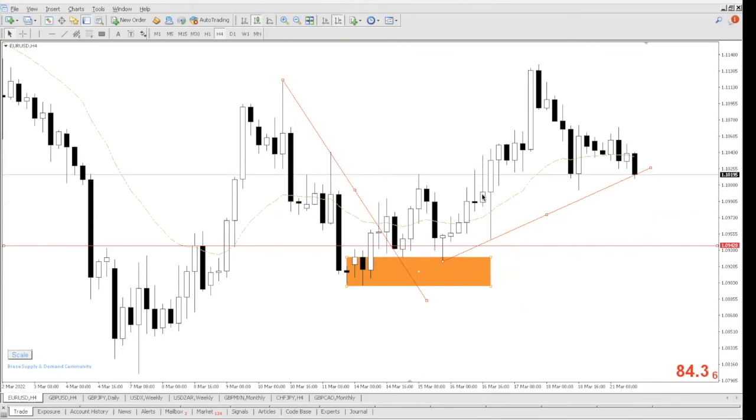This one is a rally, the lower low was here, then up again, it makes a V. If you remember what I said, you can also enter at your V's, at your mountains, at your peaks or valleys.